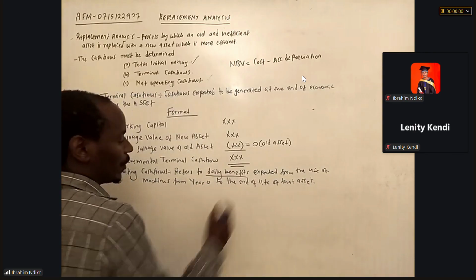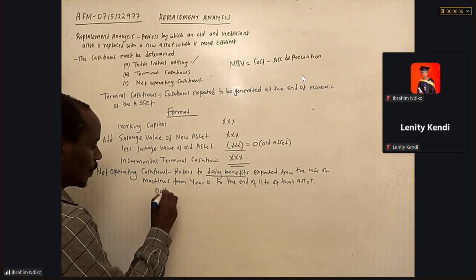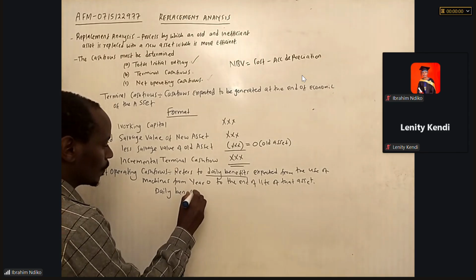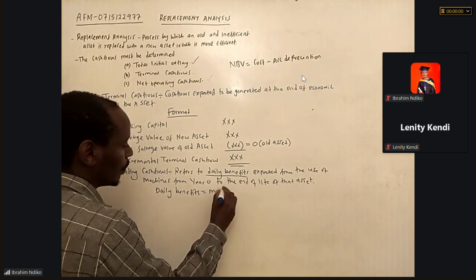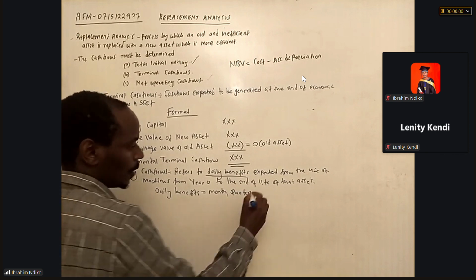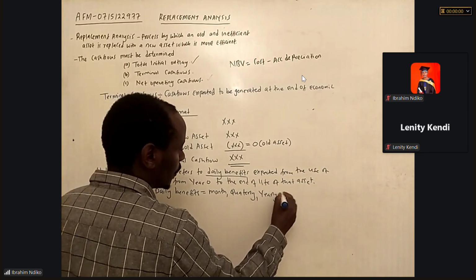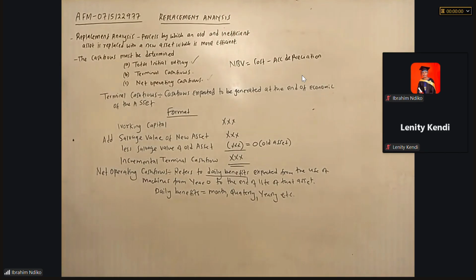Now the word daily benefit can mean on a yearly basis. Daily benefits can mean monthly, quarterly, yearly, etc. So the word daily does not mean every day, but it can mean day-to-day operation.